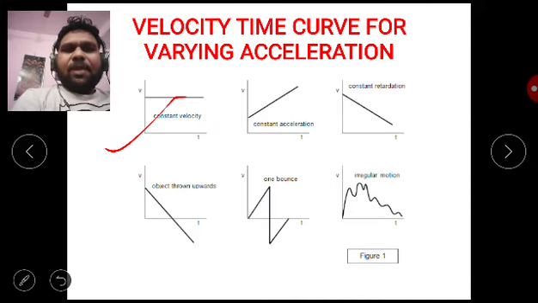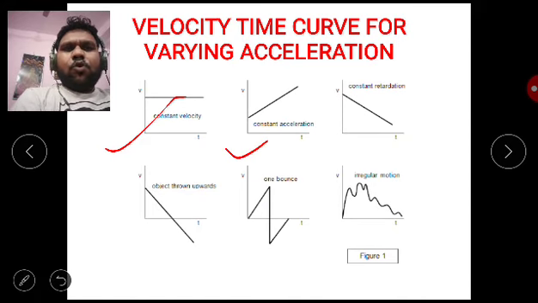This is acceleration 0, a body moving with constant velocity. In this case the body is moving along the positive x direction with 0 acceleration.